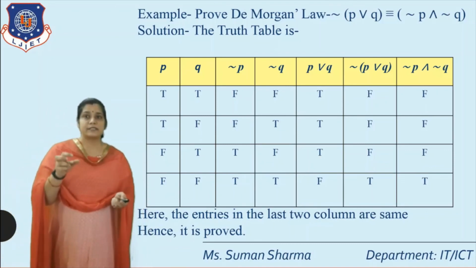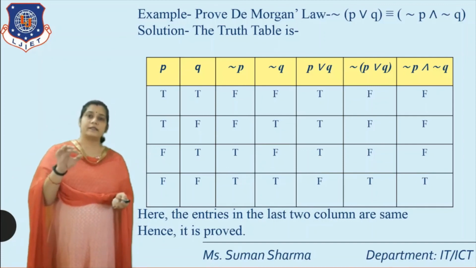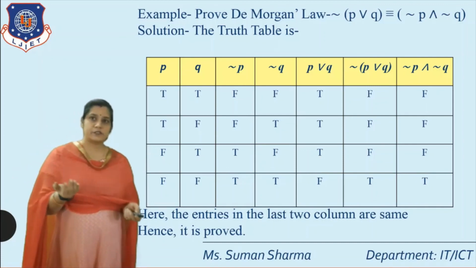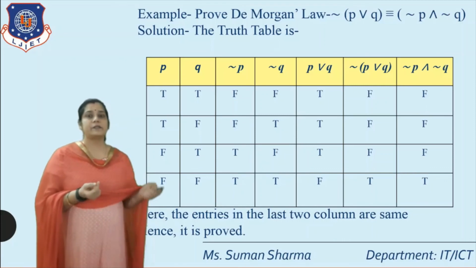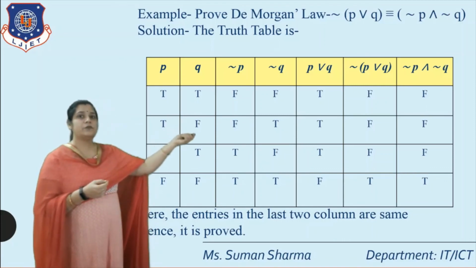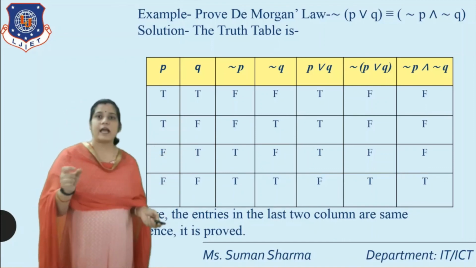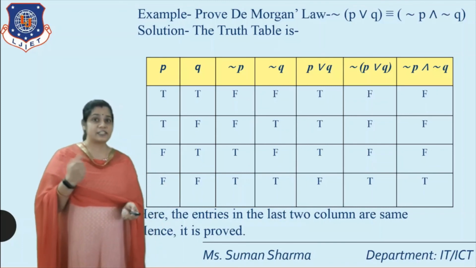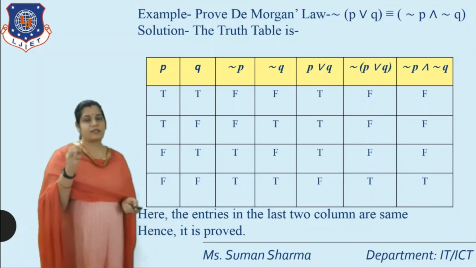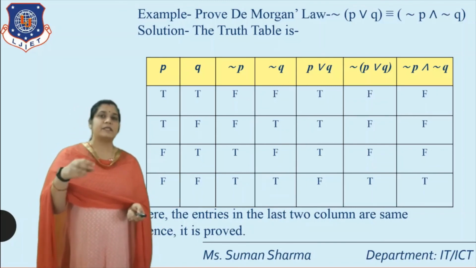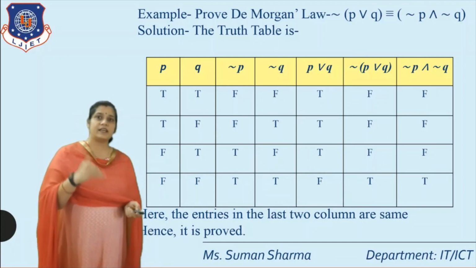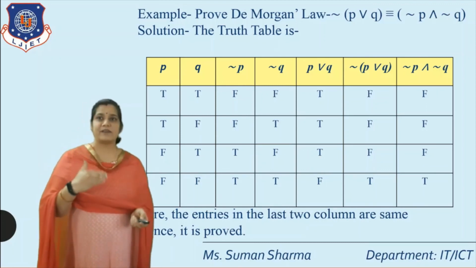If both statements are false, you write false, otherwise you write true. So P ∨ Q is T T T F. And ¬(P ∨ Q), since P ∨ Q is T T T F, its negation is F F F T.